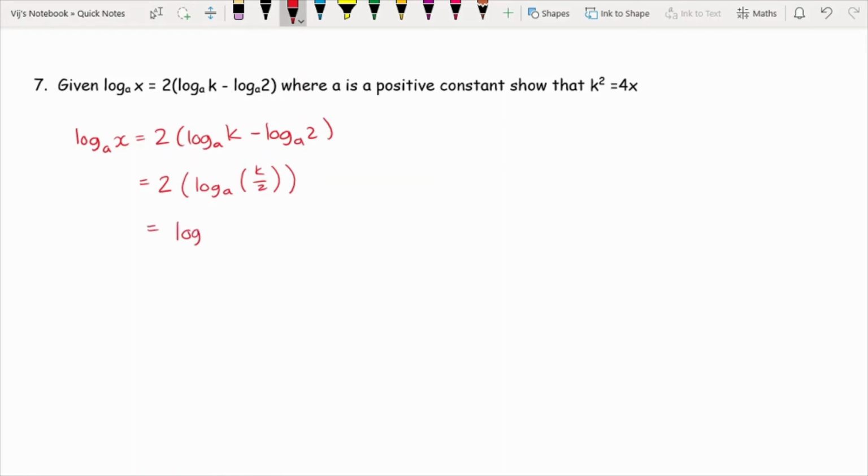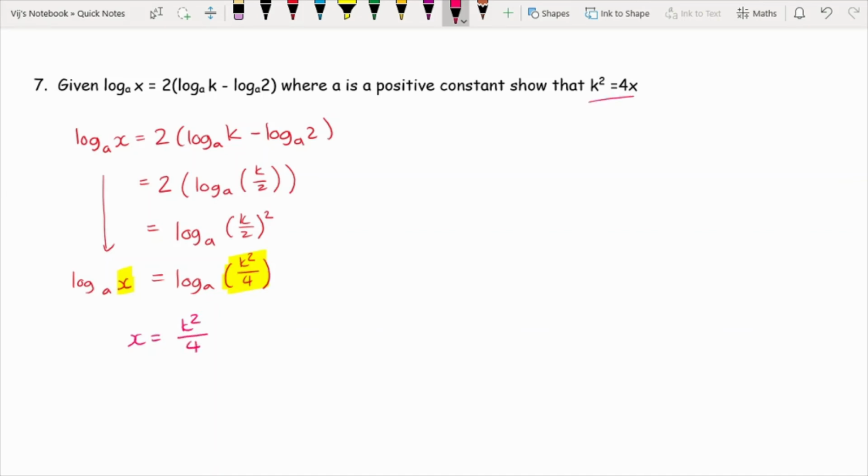So I've got log a of k over 2 squared, which then becomes log a of k squared over 4. Now if I bring this back down, I've got log a of x, and as you can see my x must be equal to what's on the right hand side. So x equals k squared over 4.